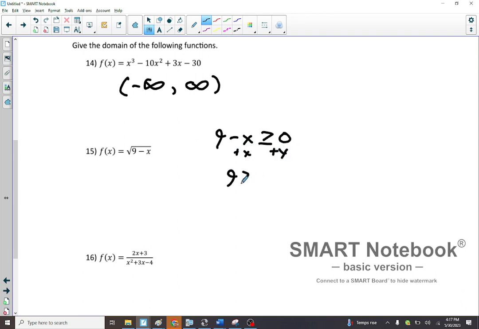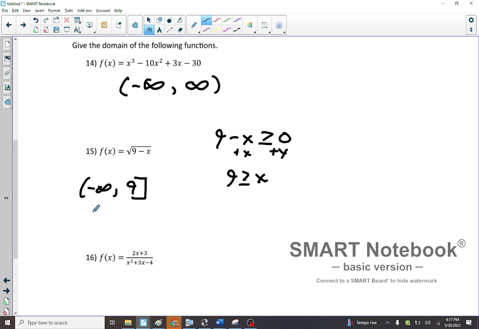So 9 is greater than or equal to x. So I need numbers that are 9 or smaller, which is the same thing as saying x is smaller than or equal to 9. So the biggest number I can have is 9 or anything smaller. So for this one, it'll be negative infinity through 9. 9 is going to have a hard bracket because I could actually be at 9.